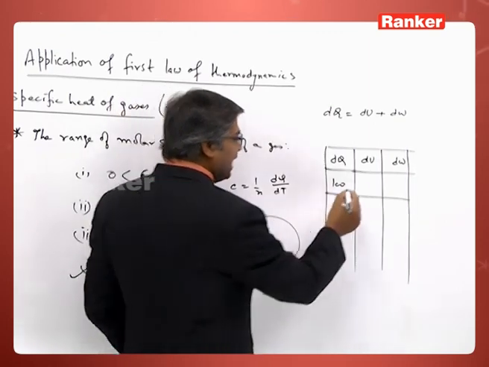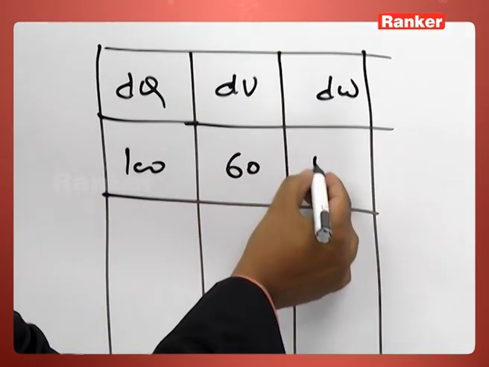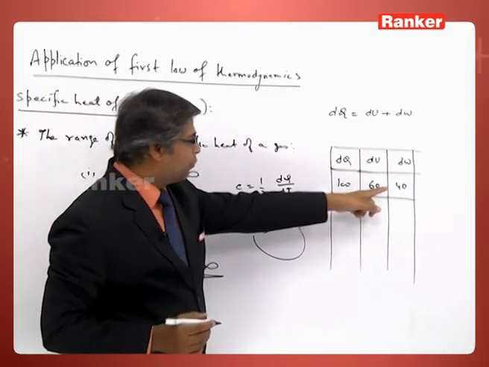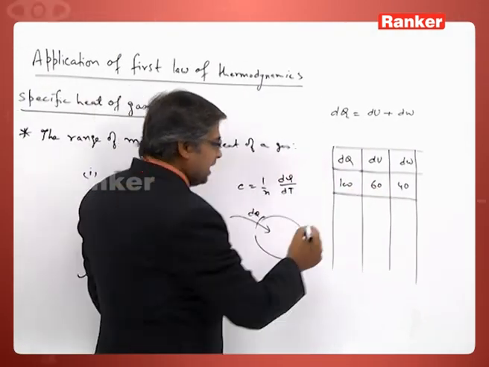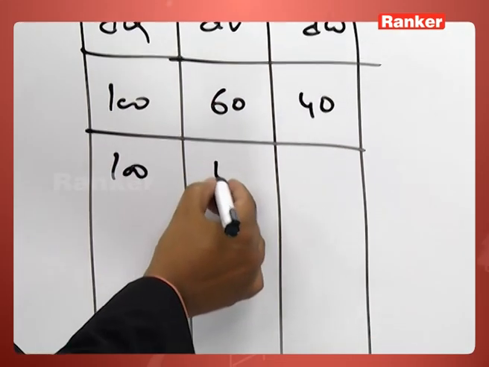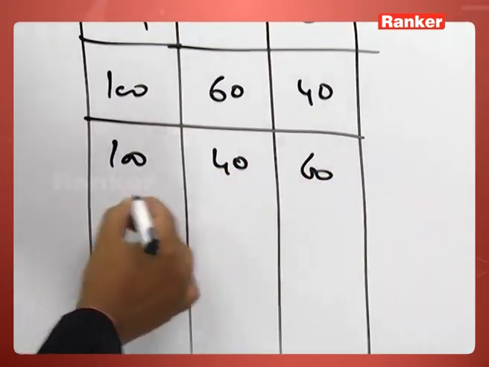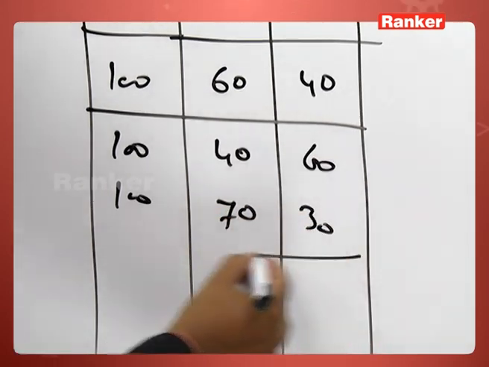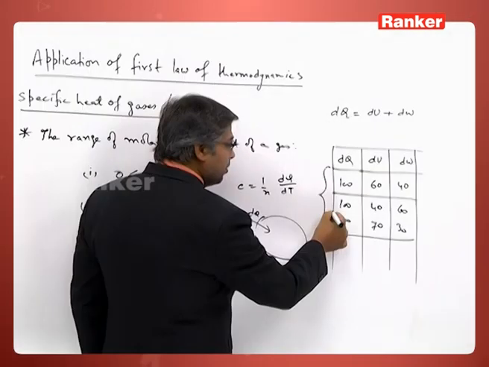One possibility is 60 and 40. Another possibility is 40 and 60. Then 70 and 30. So there are many combinations possible.